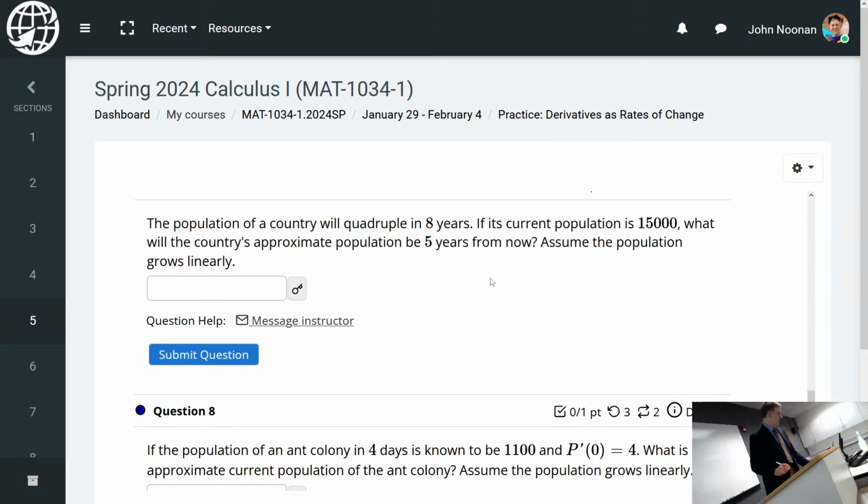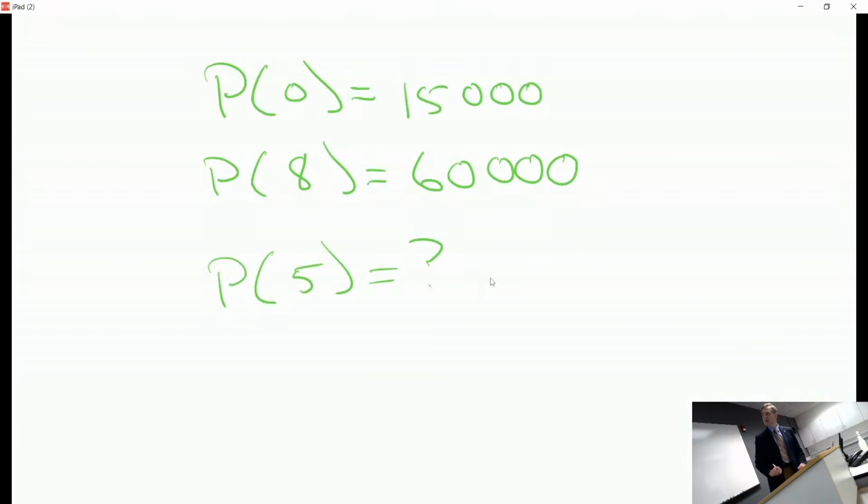Okay, so I have all the information here that I need. It says that the growth is linear, which is not at all true. Well, I shouldn't say that. There are populations that grow linearly. In fact, the population in the United States has grown relatively linearly in recent history.